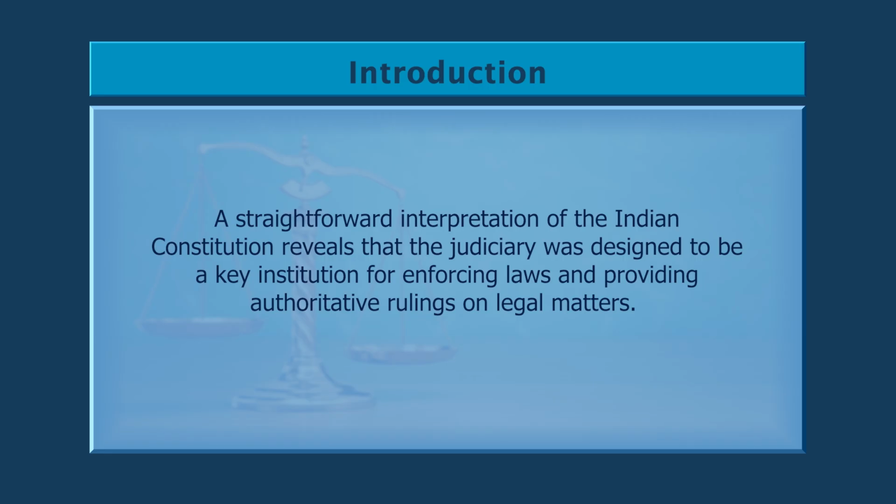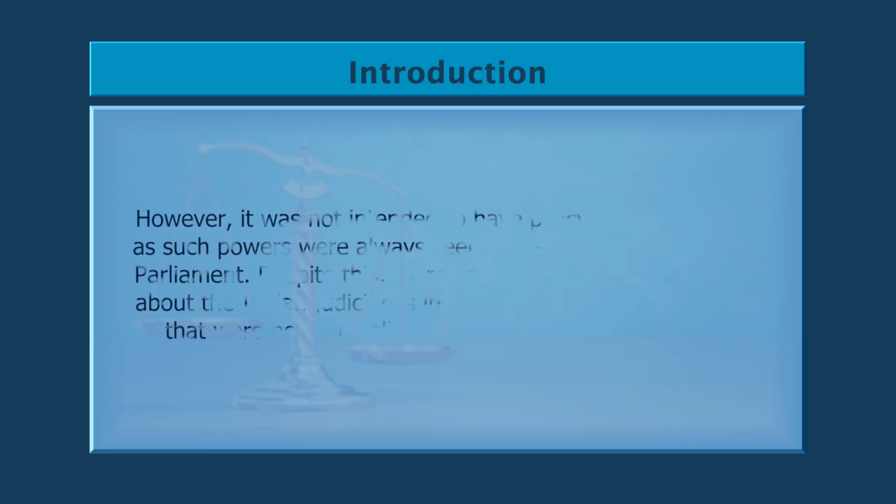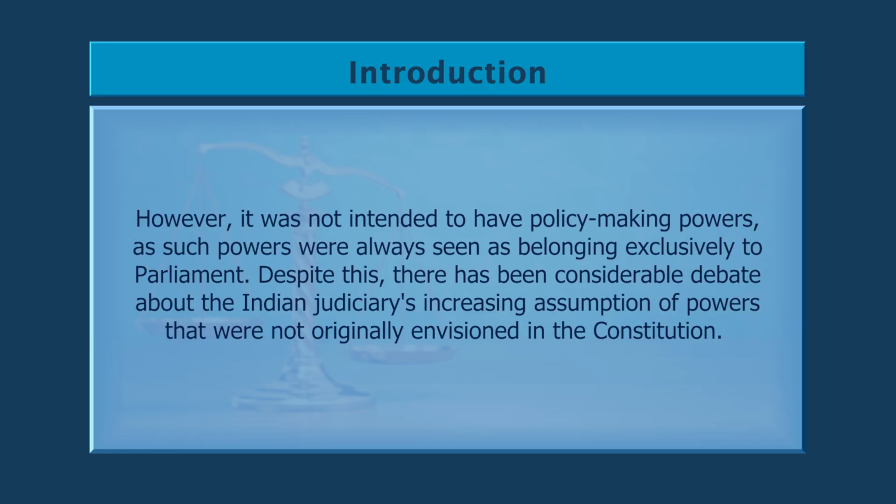A straightforward interpretation of the Indian Constitution reveals that the judiciary was designed to be a key institution for enforcing laws and providing authoritative rulings on legal matters. However, it was not intended to have policy-making powers. As such, powers were always seen as belonging exclusively to Parliament.